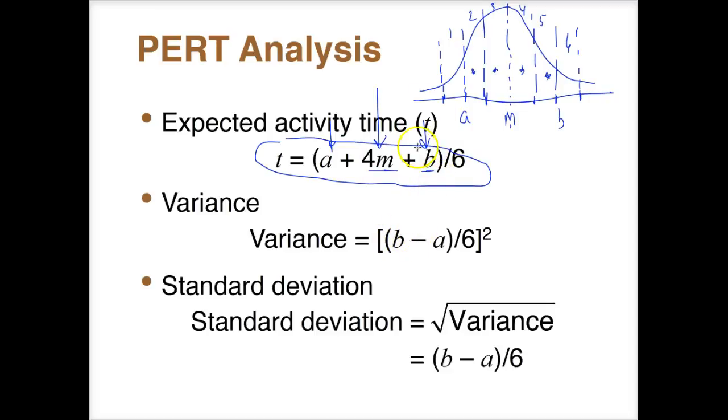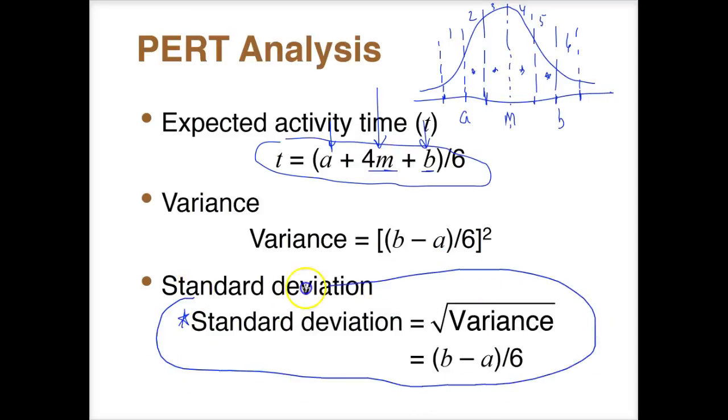The variance is just the difference between the pessimistic and the optimistic time, and we're dividing it by 6 and then squaring. So it's just basically the standard deviation squared in a sense. And so here, this is the actual standard deviation, and that's why we're dividing this by 6.